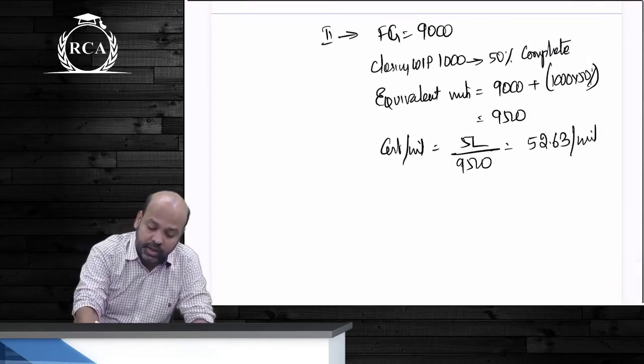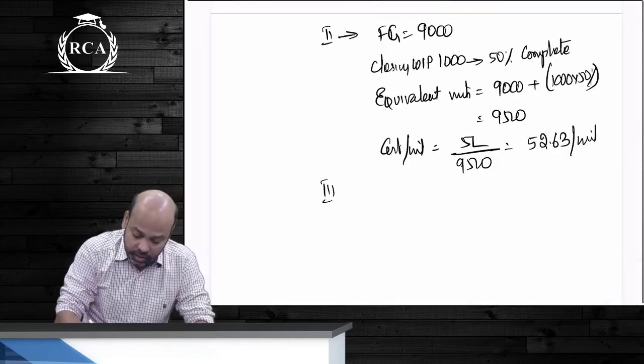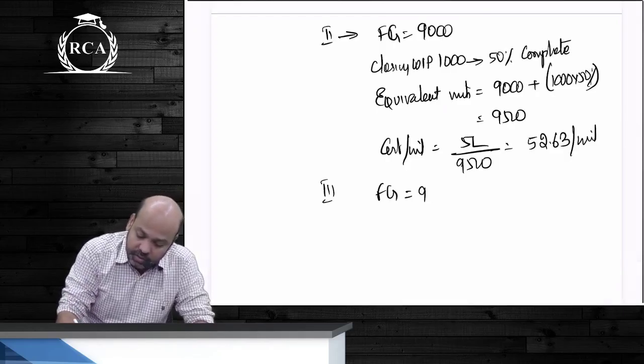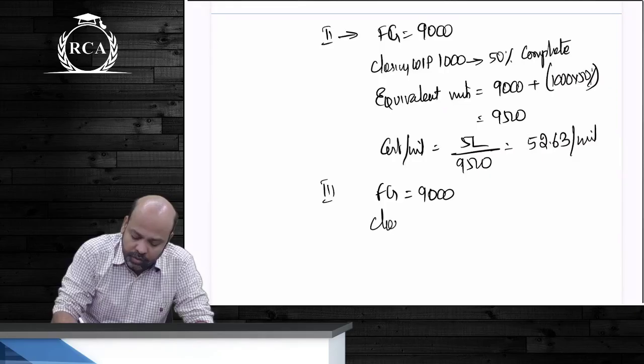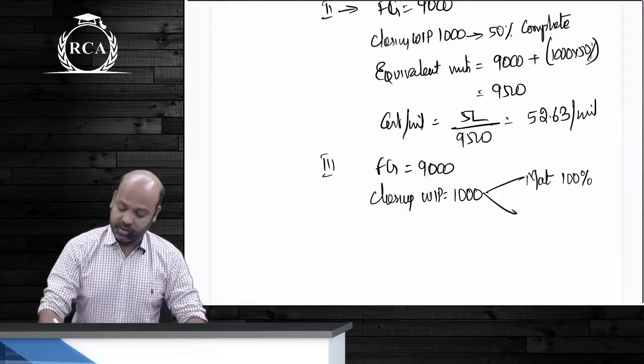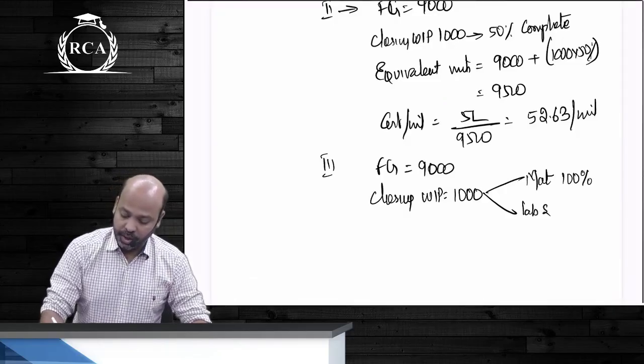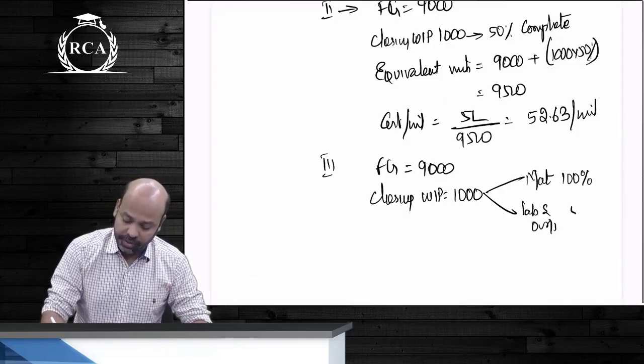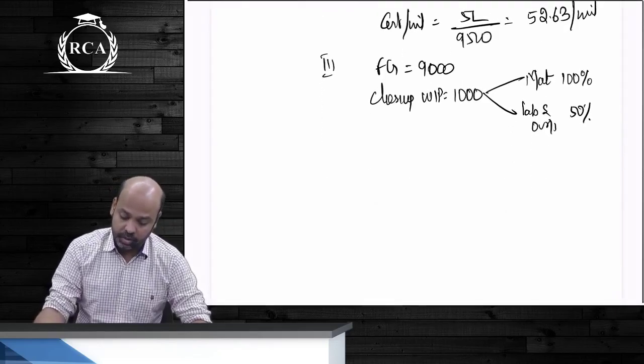What if the question tells us that your finished product is 9,000 units, your closing work in progress, beta, is 1,000 units. These 1,000 units are 100% complete as far as material expenditure is concerned. For labor and overheads, the expenditure is 50% complete.